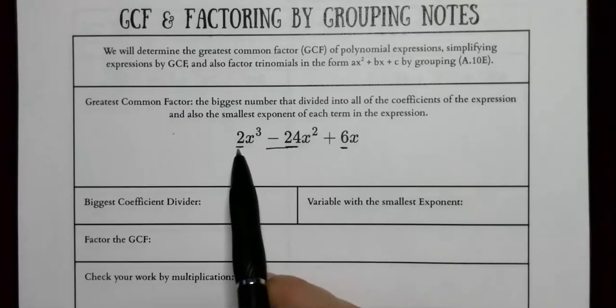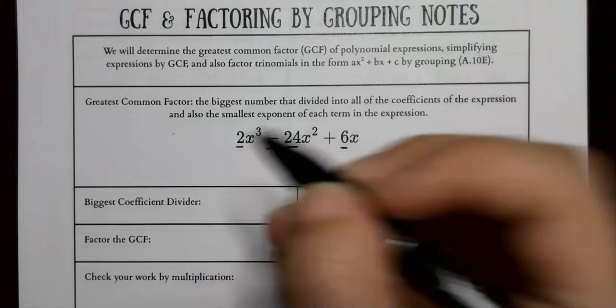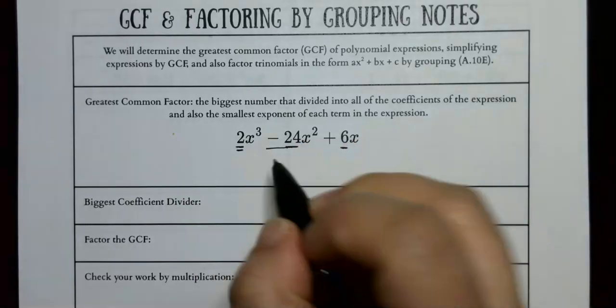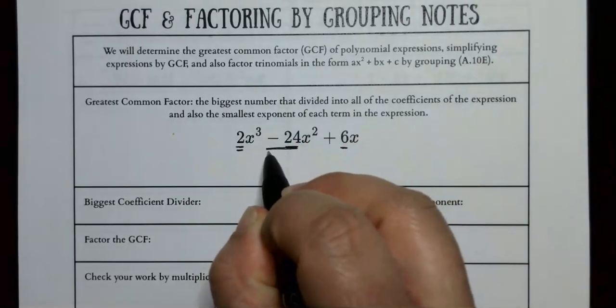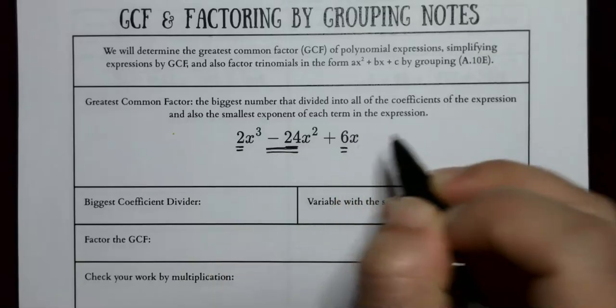If you're looking at this polynomial expression, our coefficient is going to be the number that is attached to the letter, more specifically the number in the front that is attached to that variable. So if you look at this polynomial expression, 2 is a coefficient, negative 24 is a coefficient, and 6 is a coefficient.